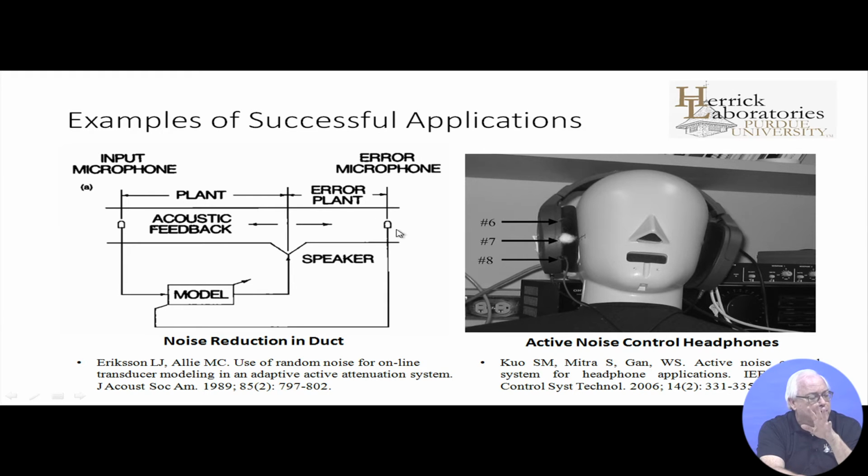So once again, just to be clear, the general scheme here is to measure some aspect of the sound field as it comes along the duct. You process that signal in some way, feed it to a loudspeaker, which then generates a signal that is meant to be out of phase with the primary signal as it continues along the duct, and so cancels the sound field in the duct.